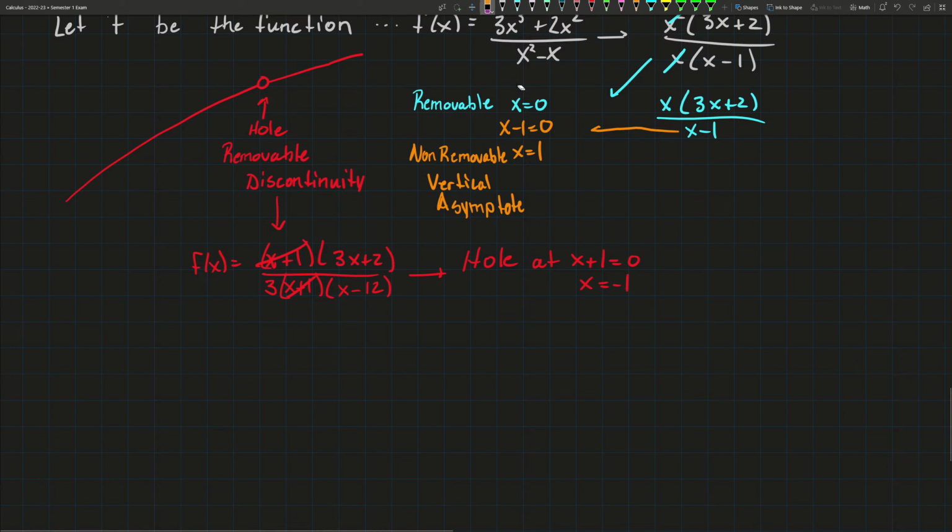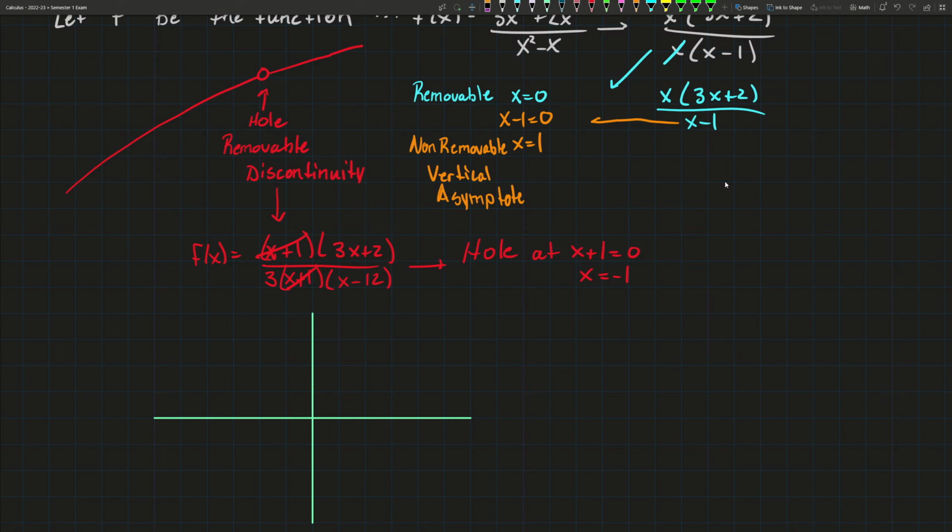If we have a graph and we get a vertical asymptote, and let's say there's a horizontal asymptote for other reasons, our graph might look something like this. This vertical asymptote is non-removable.